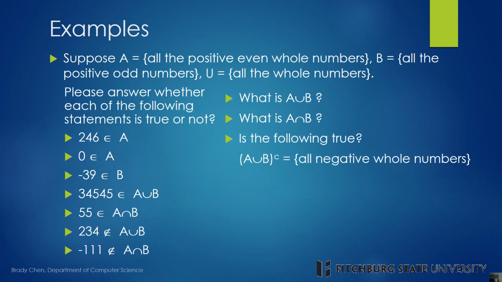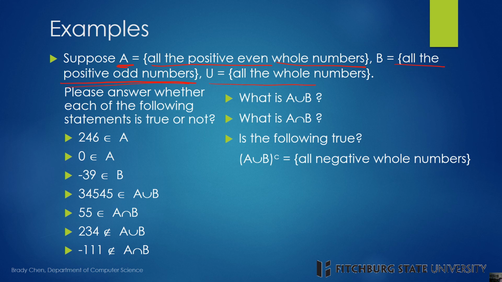Okay, let's take a look at some more examples. I think I can answer some of the questions, but you can figure out the rest. Suppose A is a set of all positive even whole numbers. B equals all the positive odd numbers.